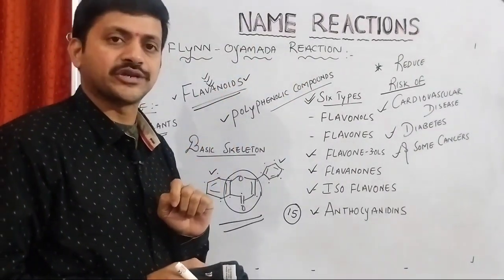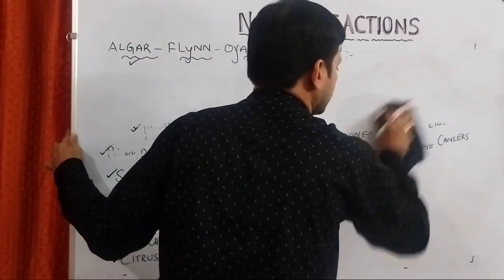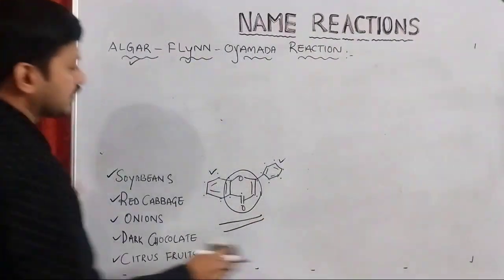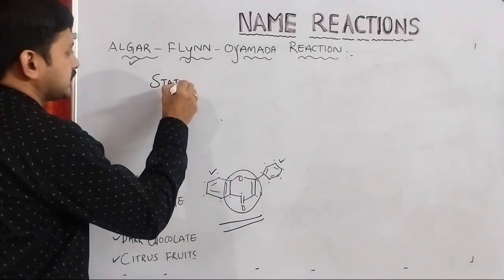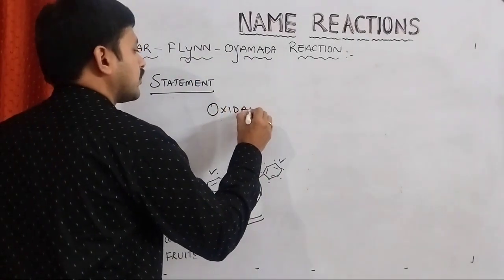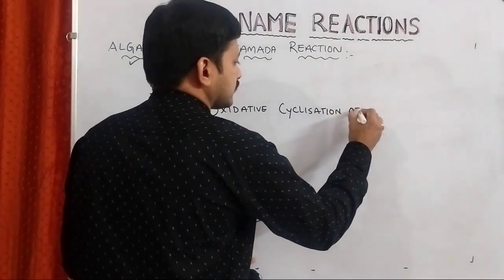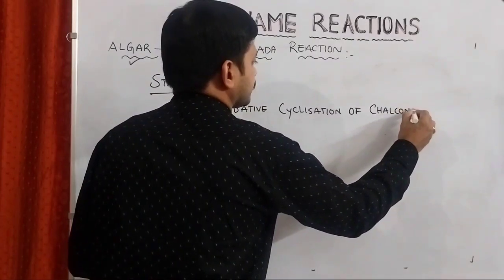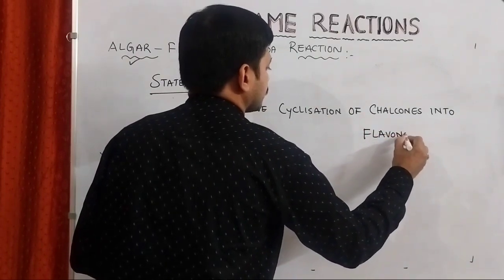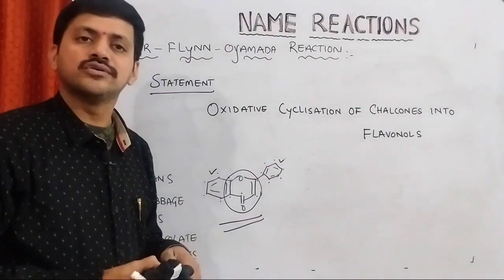Let us see the statement of this reaction. The statement tells us: oxidative cyclization of chalcones into flavonols.